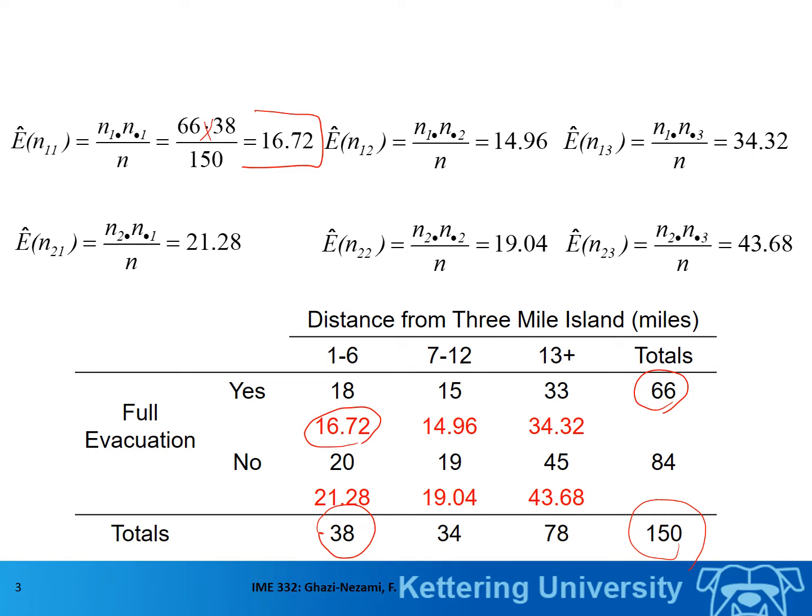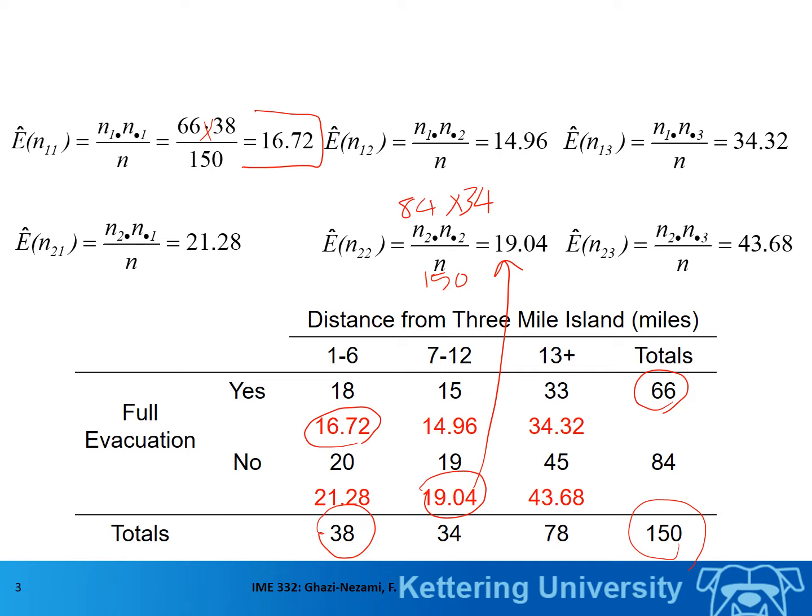The same thing for example, this cell, 19.04. How do I calculate it? This value is the summation of this row, which is 84, times the summation of the associated column, 34, divided by the total number of observations, 150.